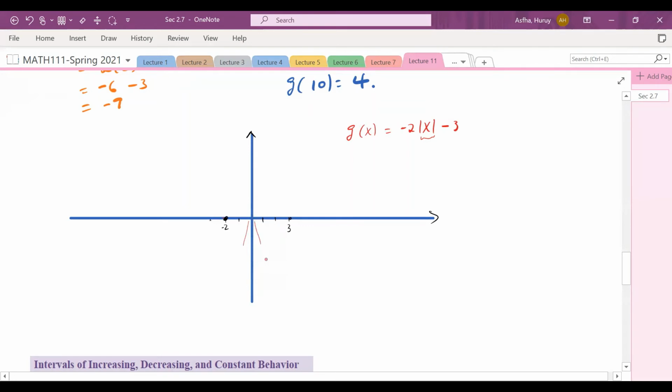So it becomes something like this. And then we subtract 2. This is a vertical shift, but since it's negative, it's down here. Therefore, it starts from here if there was no restriction.